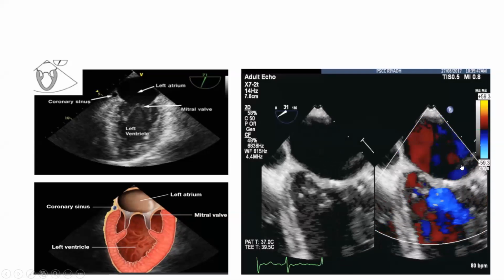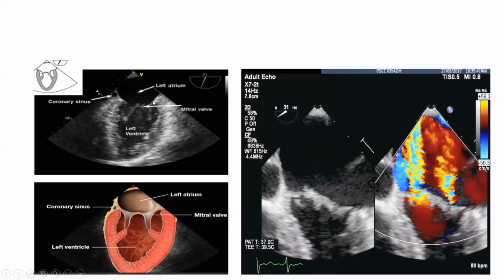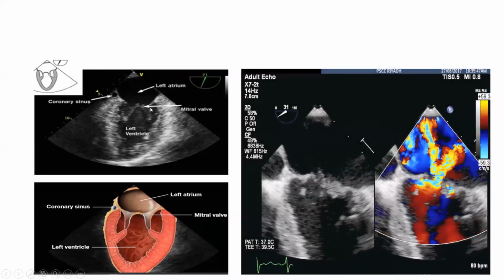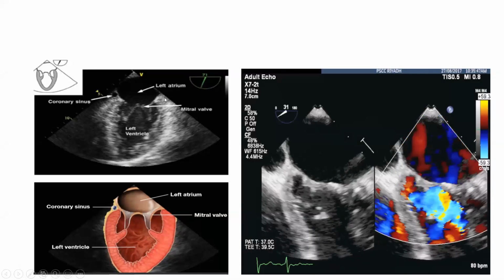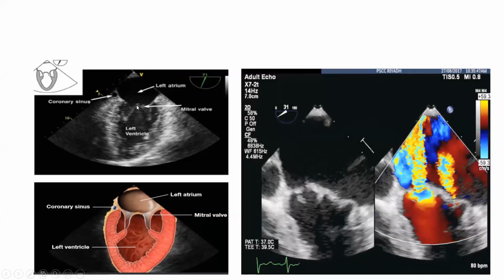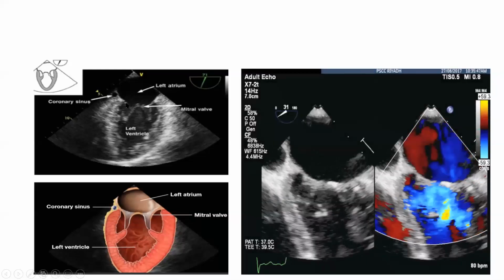This is the left atrial appendage on this side. So left atrial appendage beside P1 and A1. So here is P1 and the middle A2, and here is P3.